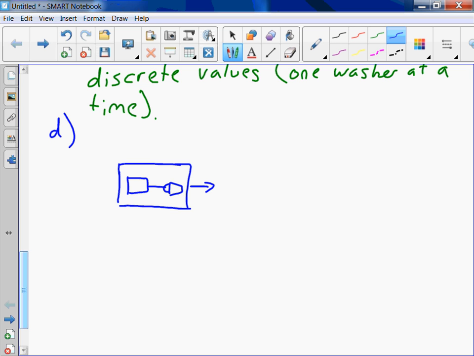So acting on the system to the right, or pulling it to the right and down, we've got the force of gravity acting on the bucket. Okay, so that's the mass of the bucket, the full mass of the bucket, times g.